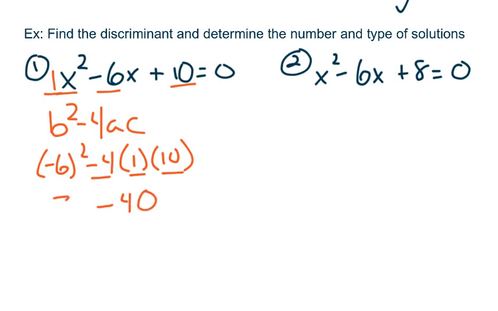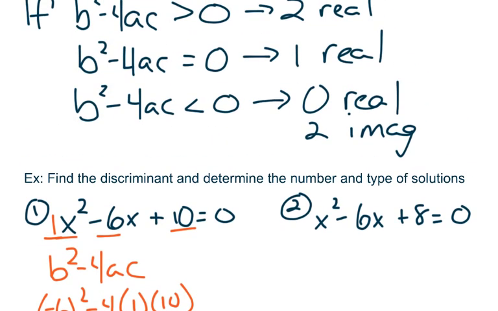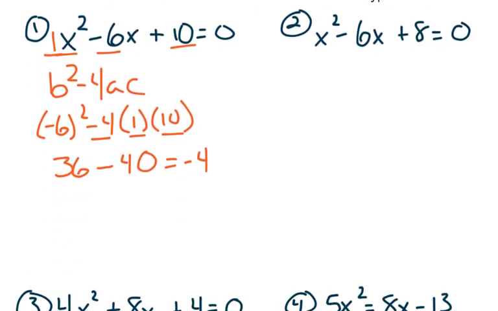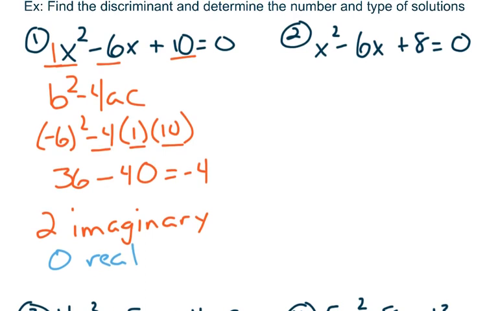Negative 6 squared is 36. 36 minus 40 is negative 4. So if my discriminant is a negative number, what that tells me is that I'm going to have, you can write it one of two ways. You can write it as 2 imaginary, or you could write 0 real. Either way is fine.